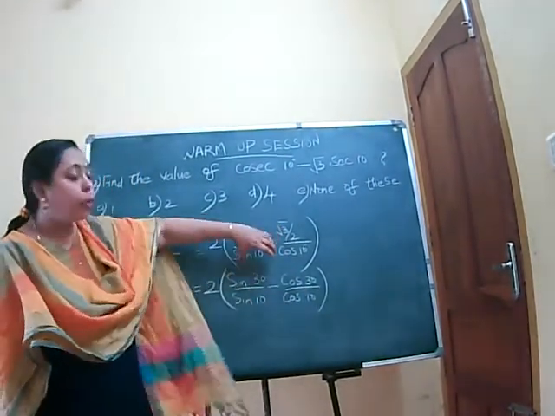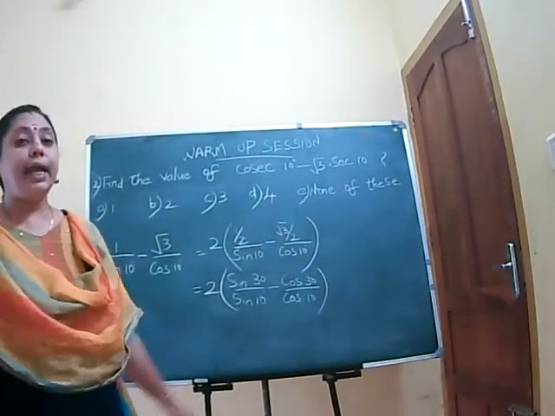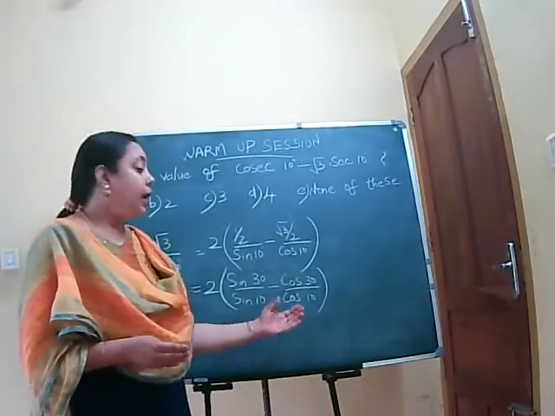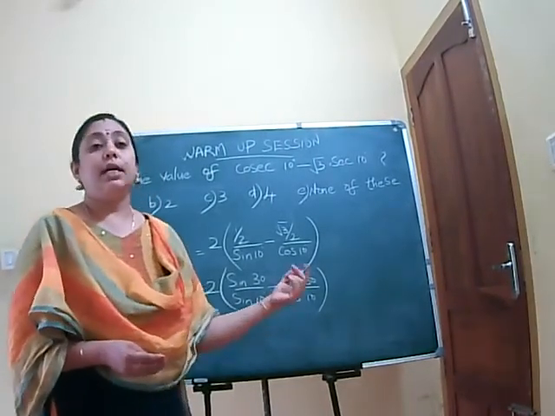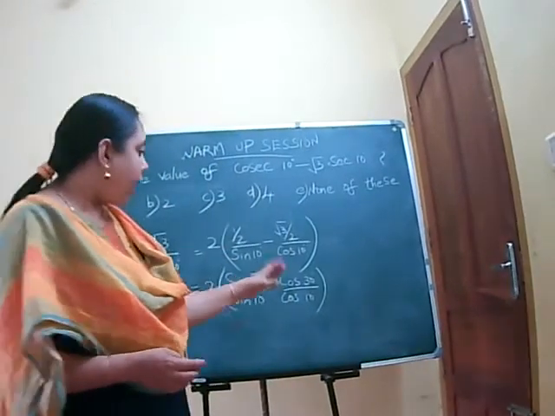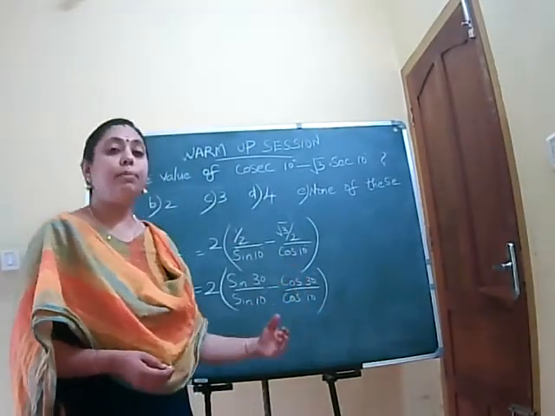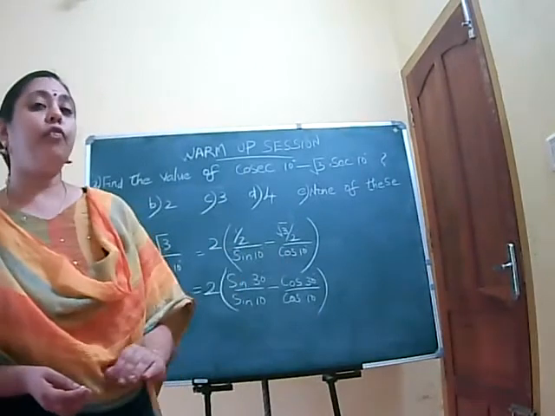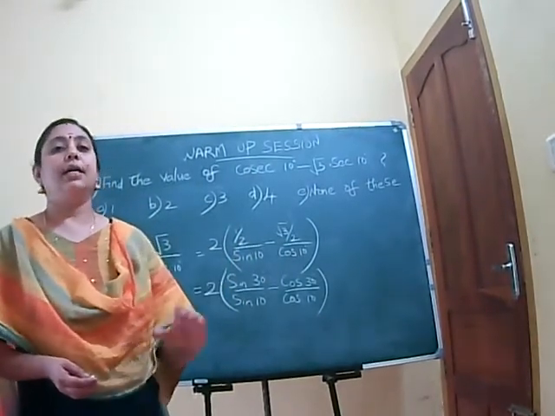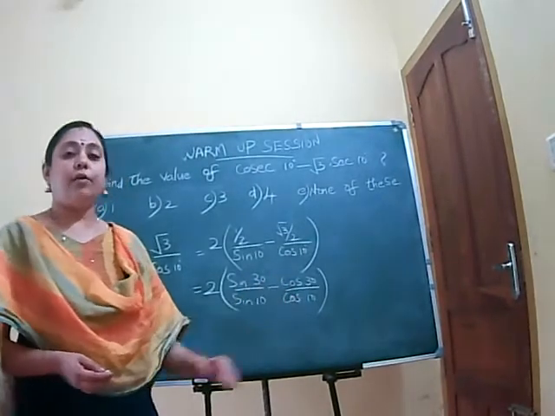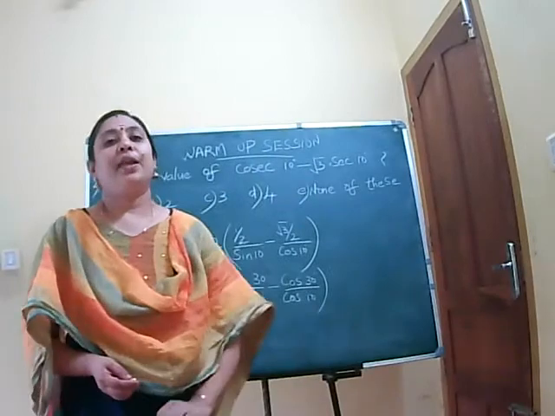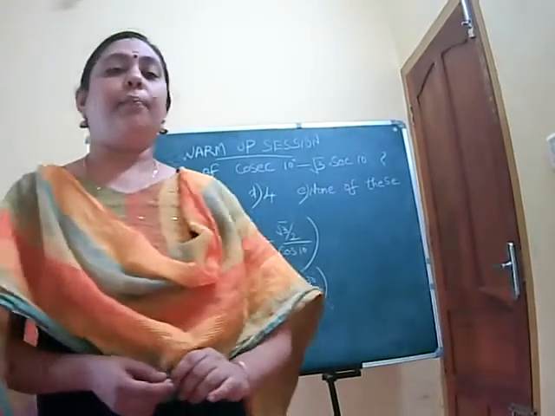Similarly, the denominator becomes sin 2 theta. Both of the terms are the same, so they get cancelled, and we can find the value of our required expression. That is the procedure.